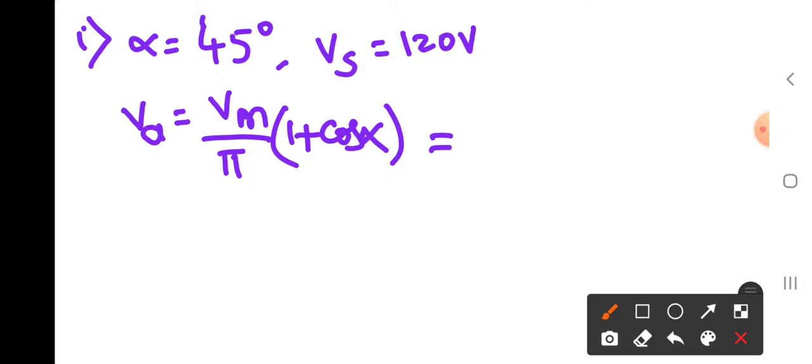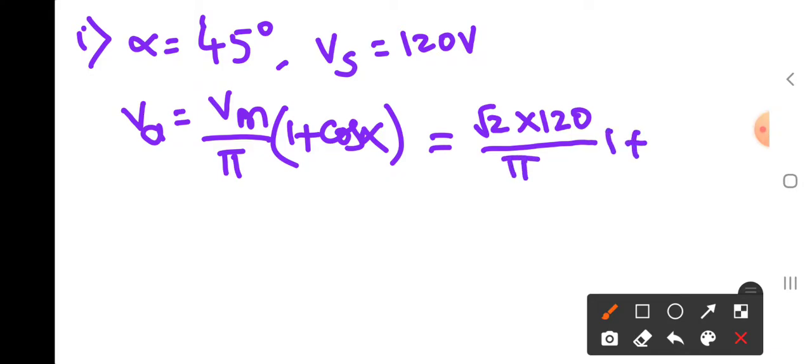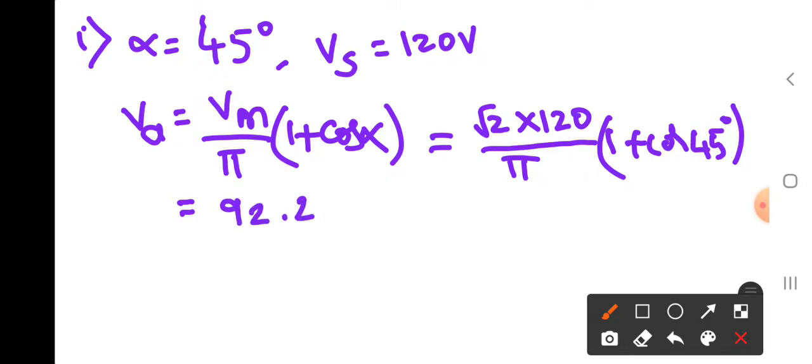Here Vm is root 2 into 120, so VA equals root 2 into 120 by pi into 1 plus cos 45 degrees. This will be around 92.21 volts.